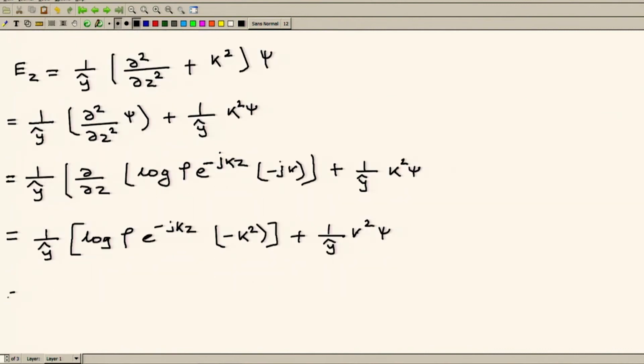So, this we can write like 1 upon y cap, this is minus of, so this and this will get cancelled and we will have zero. So, basically this term gets as 0. So, Ez is also 0. So, give this equation number 9.